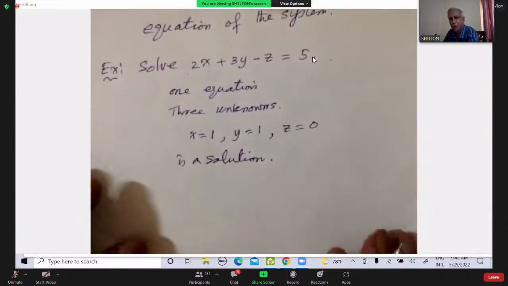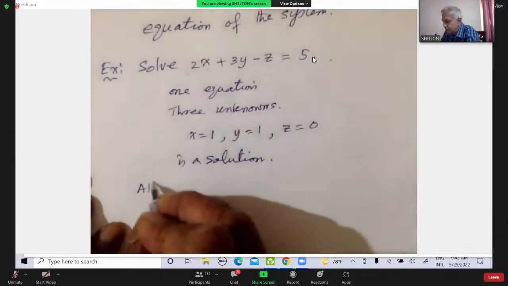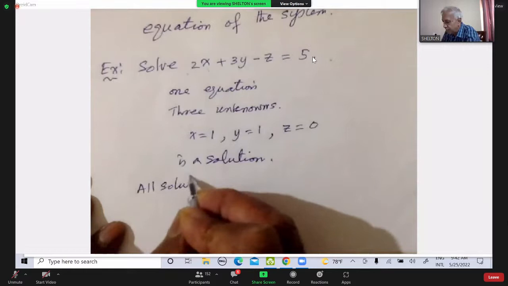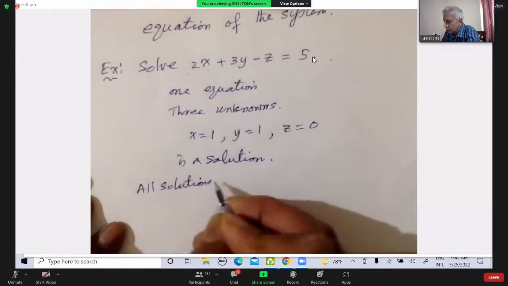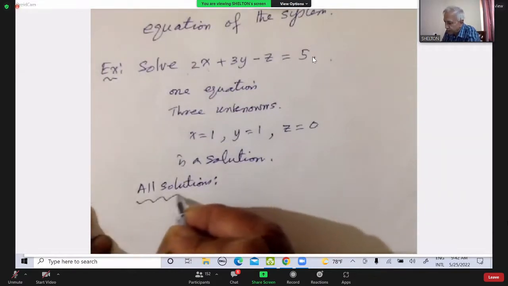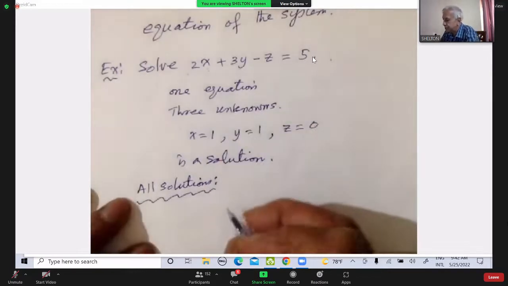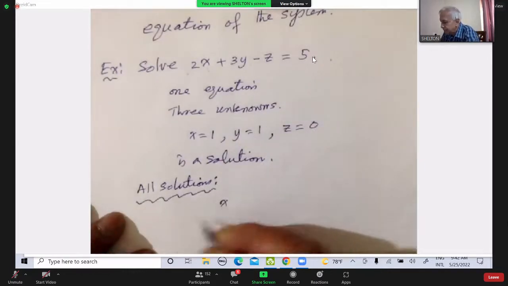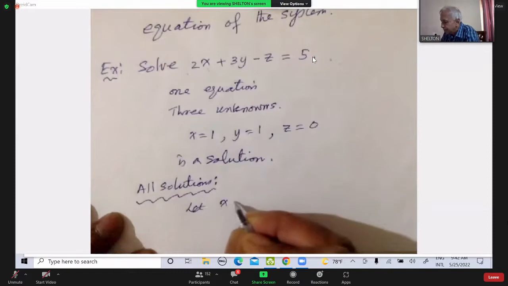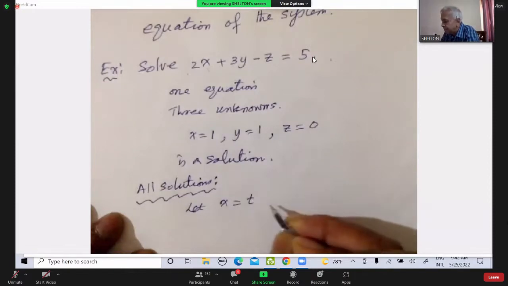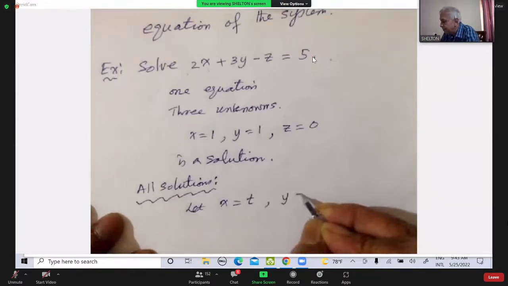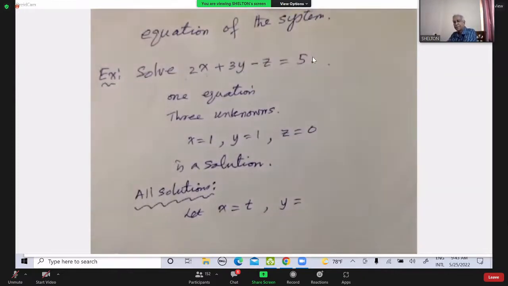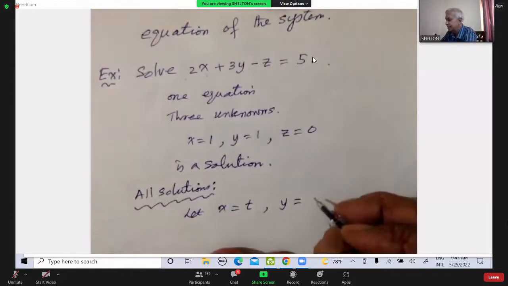How do you find all solutions? How do you write down all solutions? Let x be equal to t and y be equal to another letter, s.